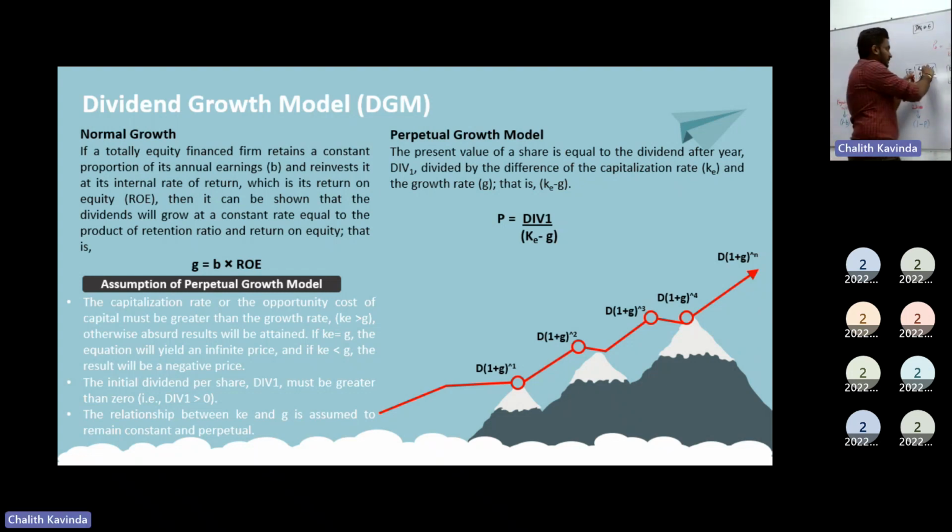Simply you need to incorporate these two into this formula. What is the value? 5 divided by 10% minus 7%. 5 divided by 10% minus 10%. 5 divided by 10% minus 12%.